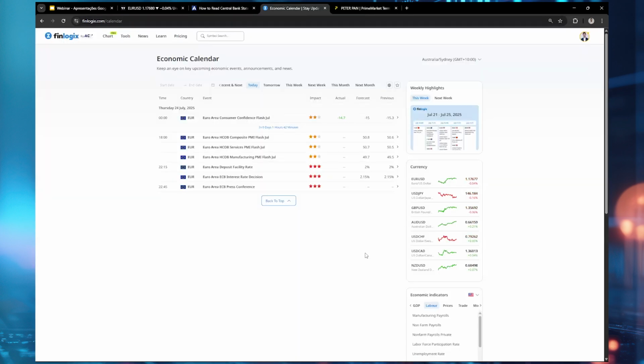The only way that we could trade the economic calendar at 10:15 p.m. Australia time, well, it depends on your time zone, but for me, that's going to be at 10:15 p.m. So I'm going to be awake and trying to do the best with my possible tools.